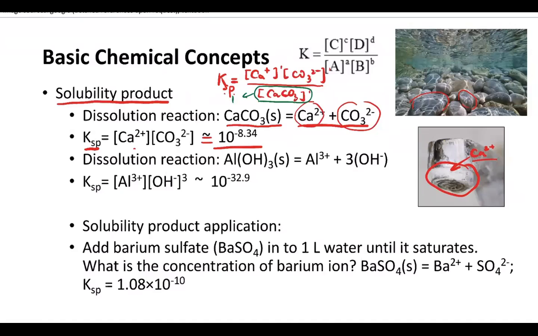Let's further assume that these two concentrations are equal to each other because they're dissolving at a 1-to-1 ratio, right? So what you have is the calcium ion concentration to the power 2 is equal to 10 to the negative 8.34. Further, the calcium ion's concentration is equal to the square root of 10 to the negative 8.34.